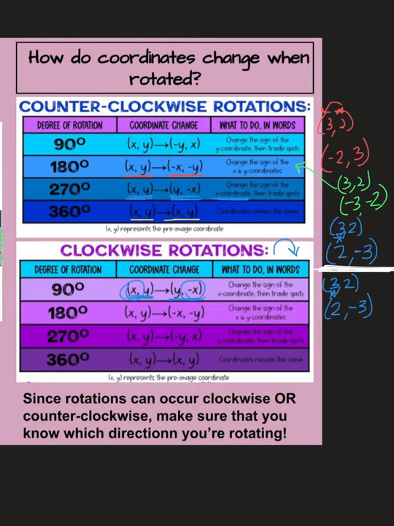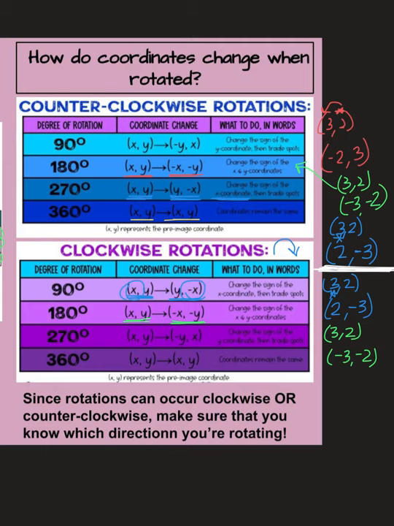Then I have my 180 clockwise, turn to the right. xy, they both become the opposite. So again, I'll use my 3 and 2 original points. I don't switch spots, I just make each coordinate the opposite. And that's my clockwise 180.